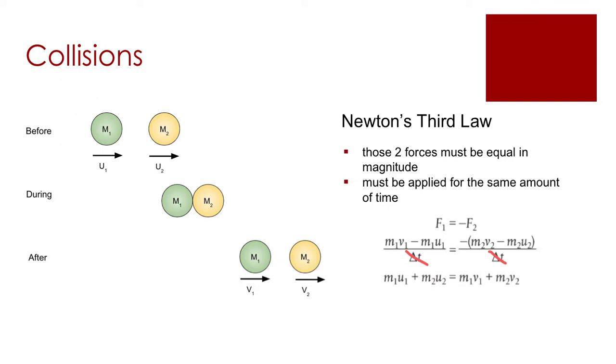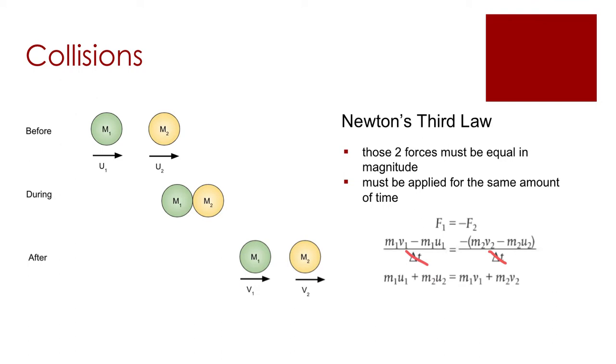Then I have expanded through this negative sign, so this would be negative m2, and this would be a plus m2u2. What else did I do? I moved all my u's to one side and all my v's to one side, and I get this final equation. Pause now and make sure you can get that equation on your own.